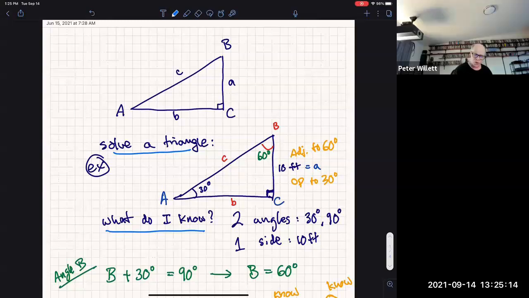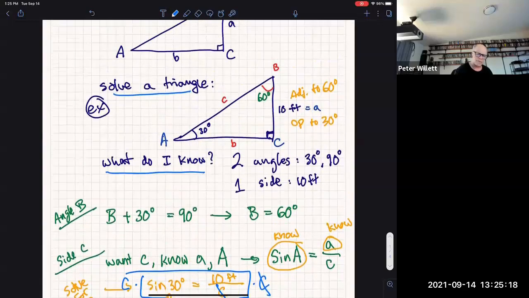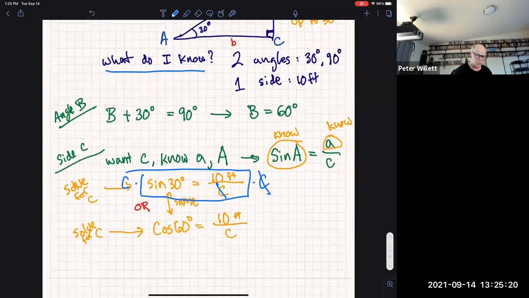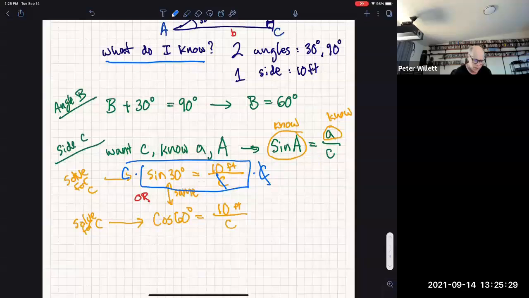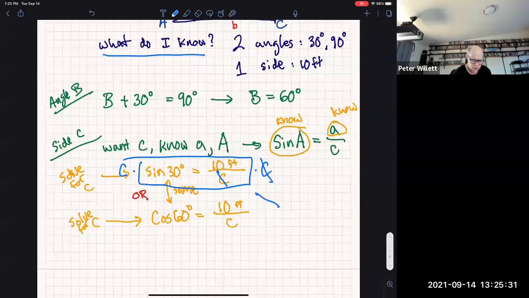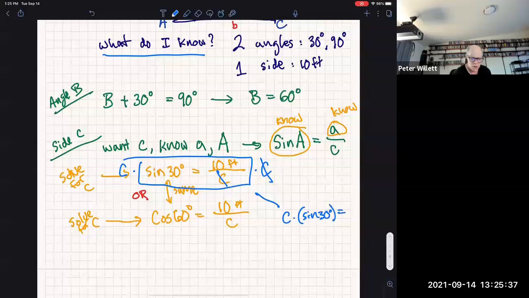Okay, great. So I started by getting the third angle and figuring out what that was, and now we have to find B and C. The process I'm using here is to figure out what C is. So solving this little equation, I multiply both sides by the C variable, and then this becomes C times the sine of 30 degrees is equal to 10 feet.